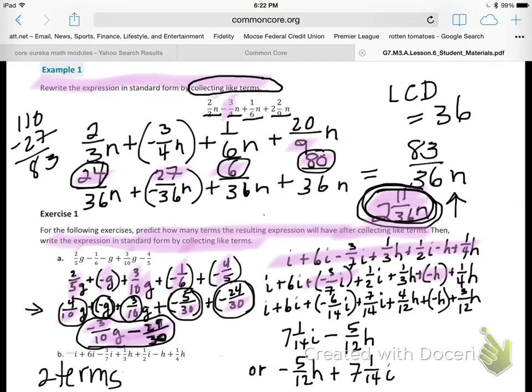In the next line, I went ahead and found least common denominators where I needed them, and that was over here with this I at 14ths. It was my lowest common denominator there, and then with my H's it was 12ths. Okay. Combining like terms, I went ahead and did that. Ended up with 7 and 1/14 I and a negative 5/12 H. I could write it that way, or this would also be correct.